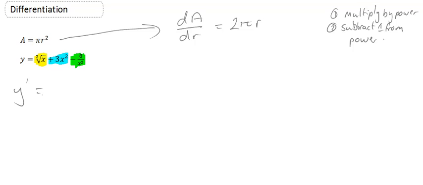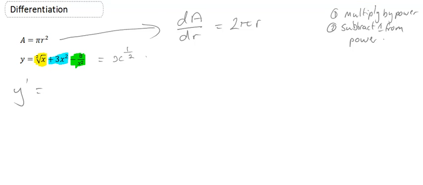Oh, I've forgotten something. I need to rewrite this as powers of x in a straight line. None of this roots or fractional part, so I need to rewrite that. So let's think about that. The square root of x is the same, from the algebra section we did earlier on in the year, as x to the power of a half.